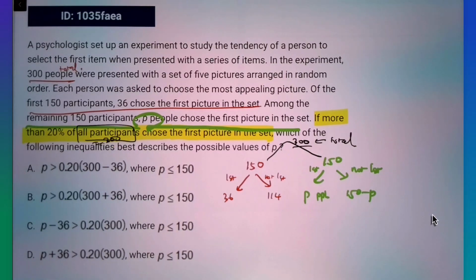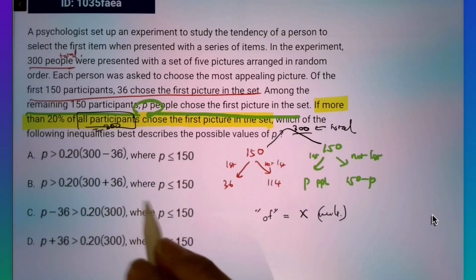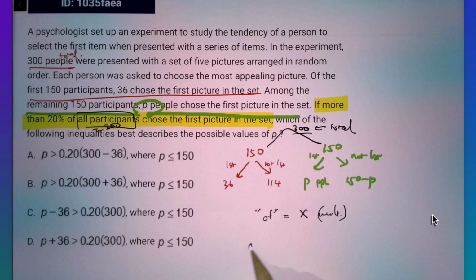If you see the word of in math, of means multiply. 20% is 0.2 when you convert the percent into a decimal, so I'll just multiply 0.2 by all participants, 300, who chose the first picture.